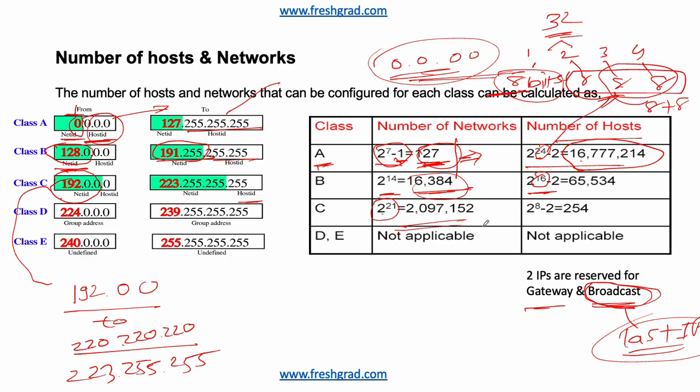This many networks you can have in class C, but you can have fewer hosts in class C. Now in class C we have only the last octet left, so that's why it's 8 here. So 2 raised to power 8 minus 2. Why? Because of gateway and broadcast. And this is also called class pool IP addresses.